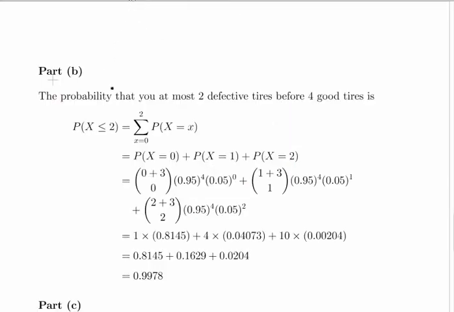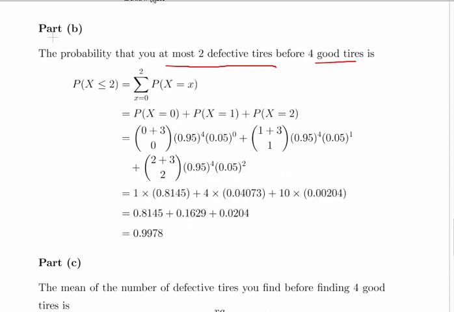Now, the second question is, what is the probability that you find at most 2 defective tires before you find 4 good ones? Essentially, we calculate the probability of x equal to 0, x equal to 1, and x equal to 2, which we already have.